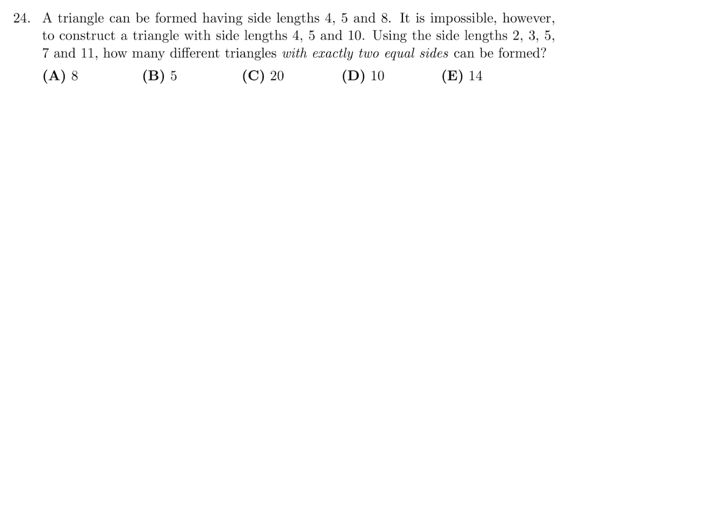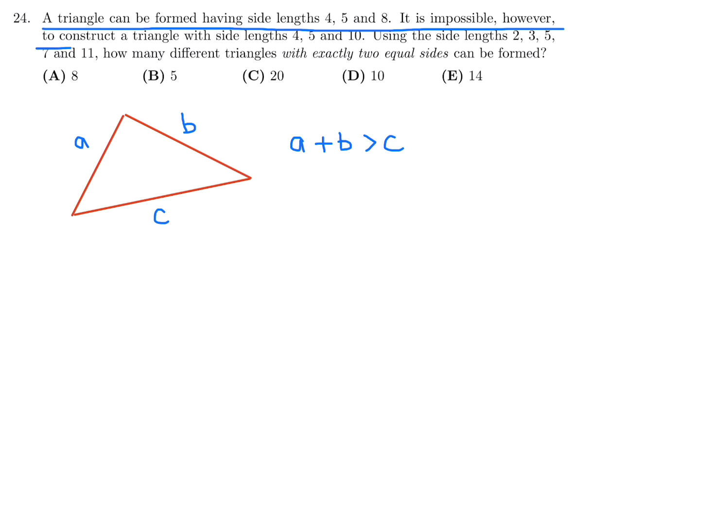So the fundamental rule or principle of a triangle, any triangle, is that if you have sides, let's say, equal to A, B, and C, then A plus B must be greater than C. And that's exactly what they're trying to show you in the first two sentences.